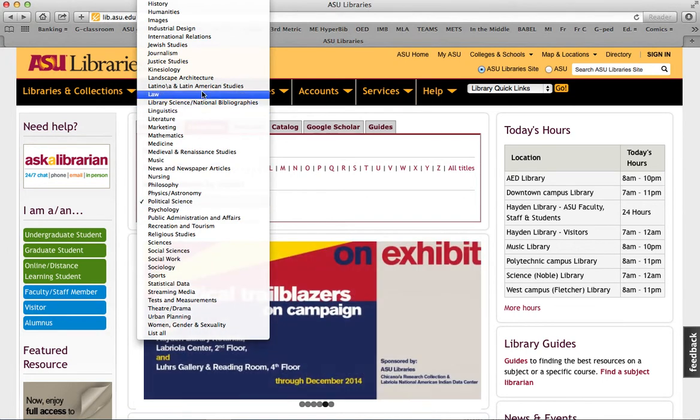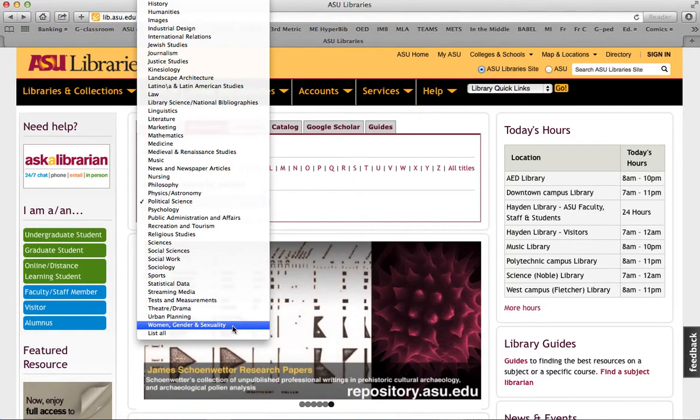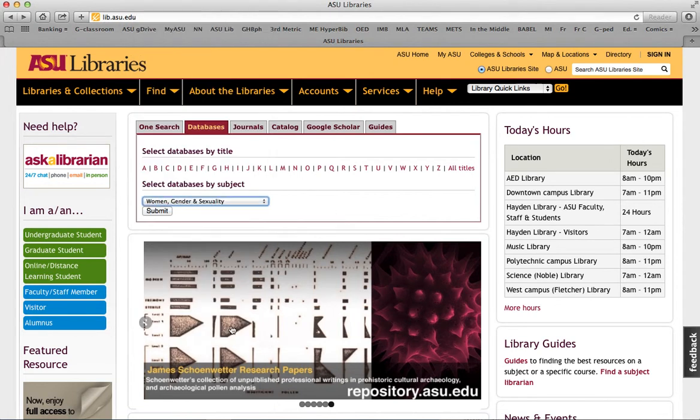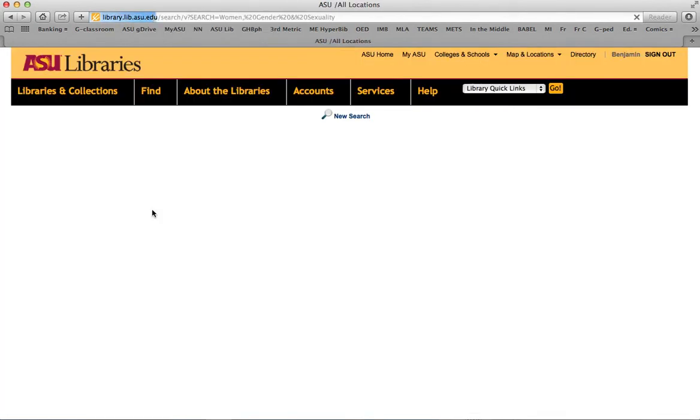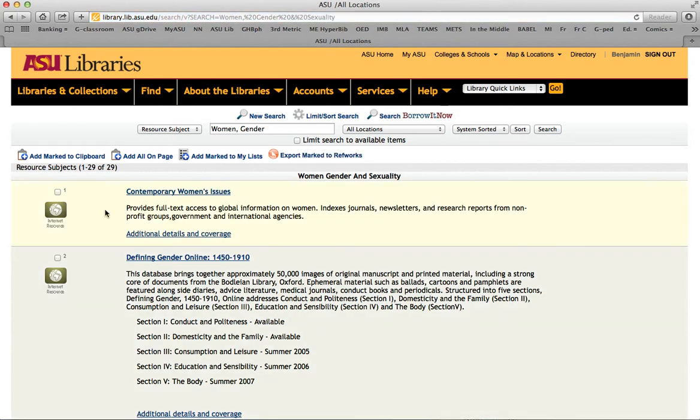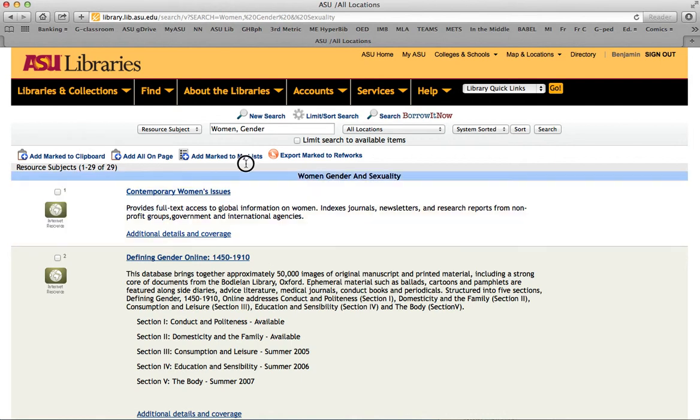So, it might be useful to look in law, but let's take a look at least first at political science and women, gender, and sexuality, because those both relate to the specific contexts that the word is being used in. So down here, women, gender, and sexuality, hit submit. Let's look at these. So you want to pick databases related to this to search through that you think will be even more relevant than just that general topic.